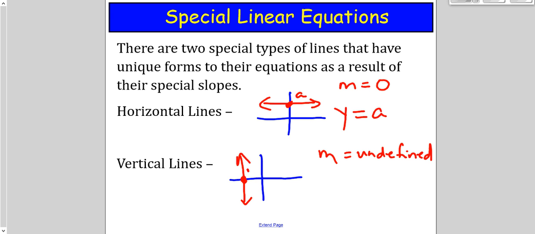Let's say this is point B right here. Since it's cutting through our x-axis, this equation is written as x equals, and then wherever that point B is on your grid. That's exactly what it's equal to. So these are very special equations. The horizontal one because it has no slope, and the vertical line because it has an undefined slope.